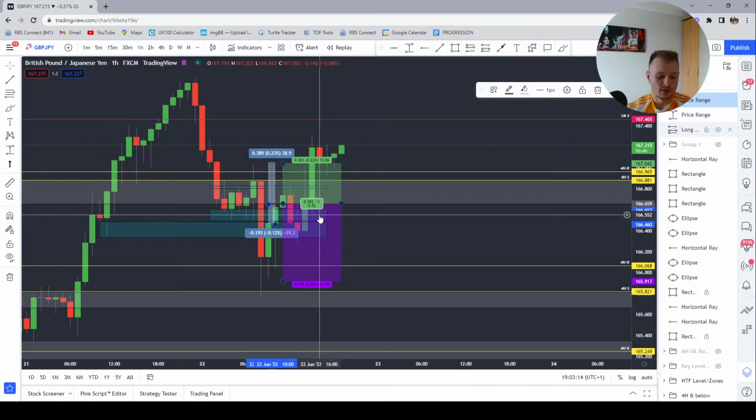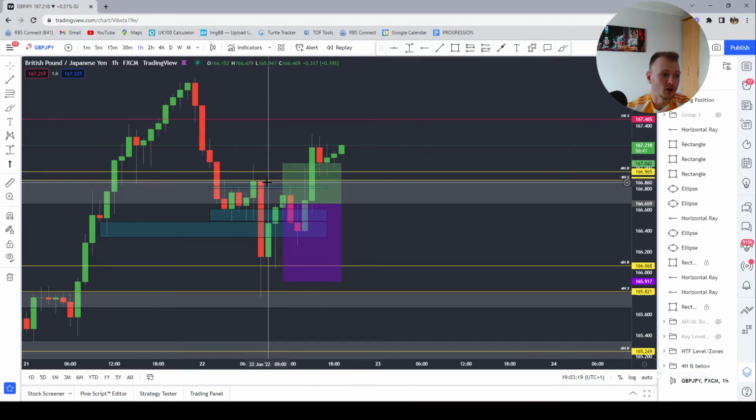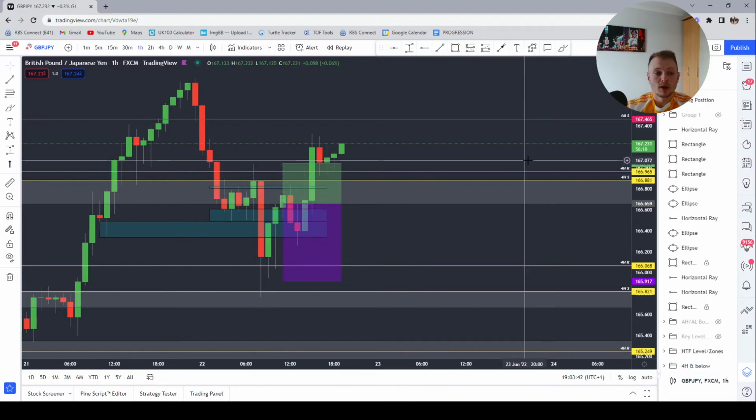If this was just a normal trade for me, I would have been targeting this, or at least the zone, and closing it at 0.5, understanding that we have a 4-hour resistance, a 4-hour support, an hourly resistance, and Asian high resistance. There are quite a lot of potential areas where price can stall. So that's the reason why I didn't.